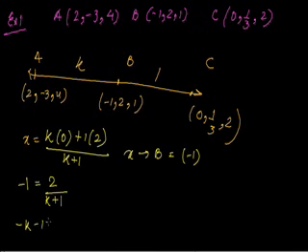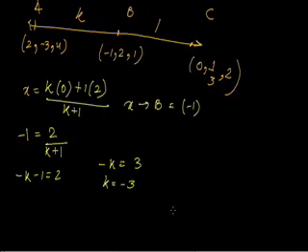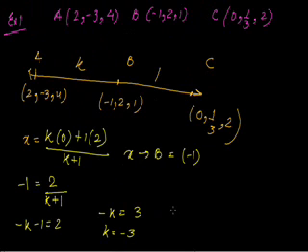So minus k minus 1 equals 2, minus k equals 3, so k equals minus 3. In that case, when we are getting k equals minus 3, that is negative. That means B is dividing the line segment joining A, C in the ratio 3:1 externally.